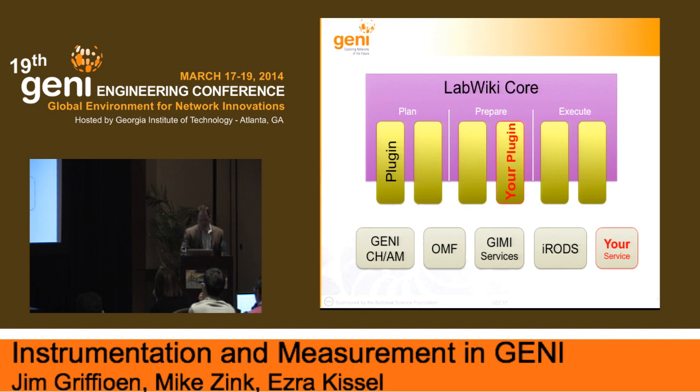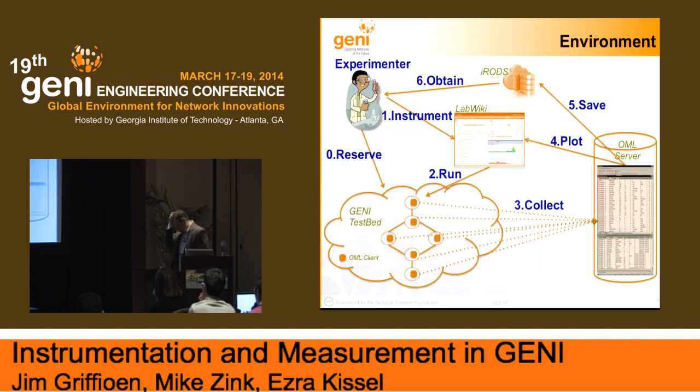So don't be scared by the next slide I'm going to show you, but these are all the moving parts you have when you run an experiment on GENI, right? You start with step 0. As a good computer scientist, you start with step 0 by reserving a slice here. We're just taking an example topology from a GENI testbed, and then you instrument that slice to be able to perform certain measurements, to obtain the data you want to measure.